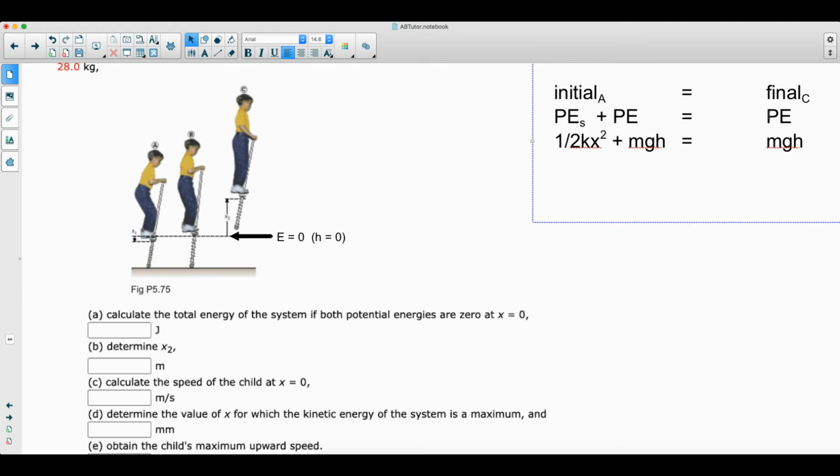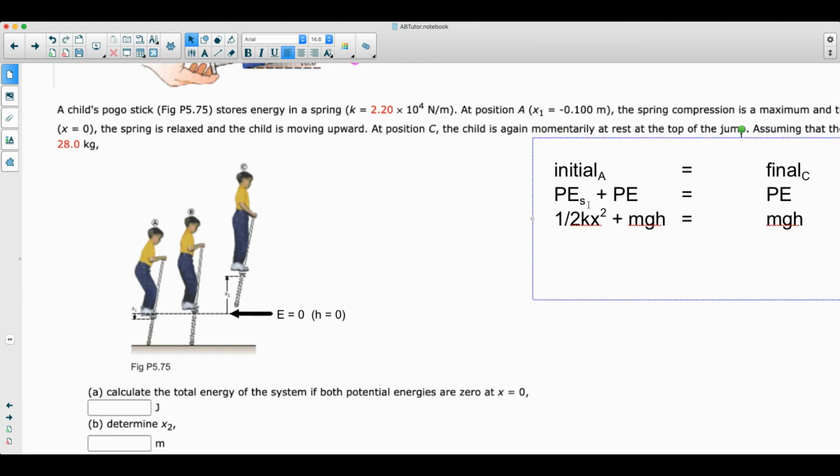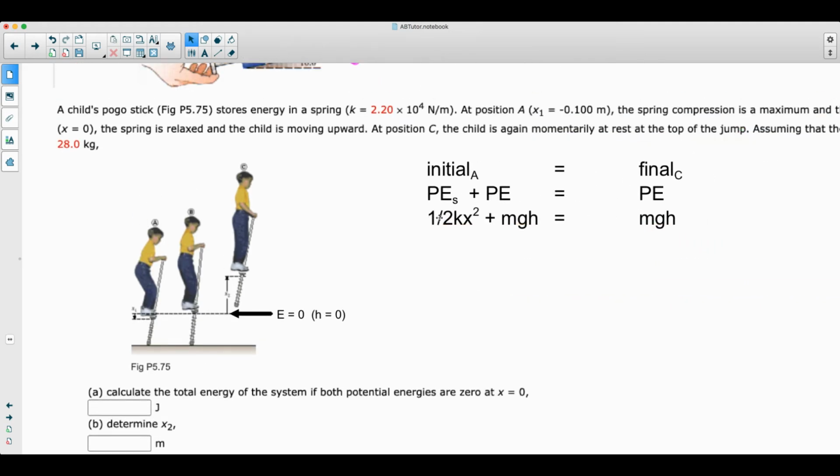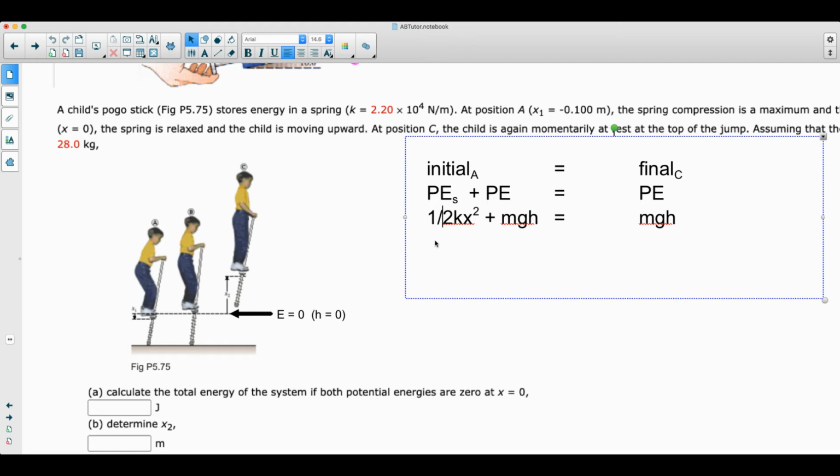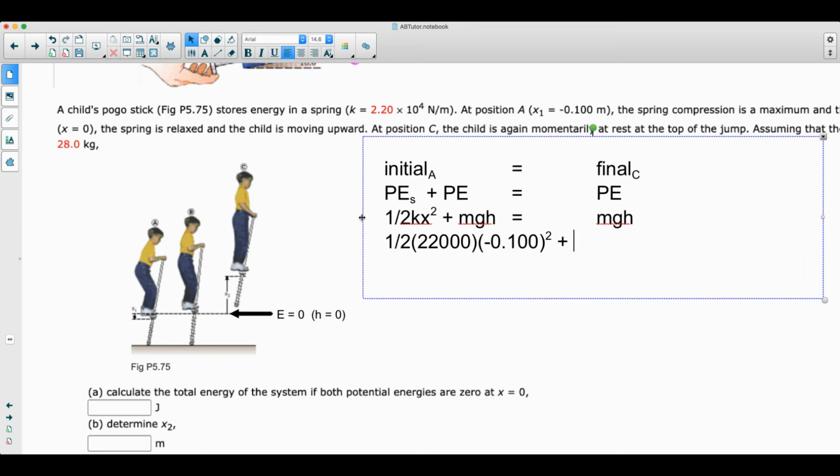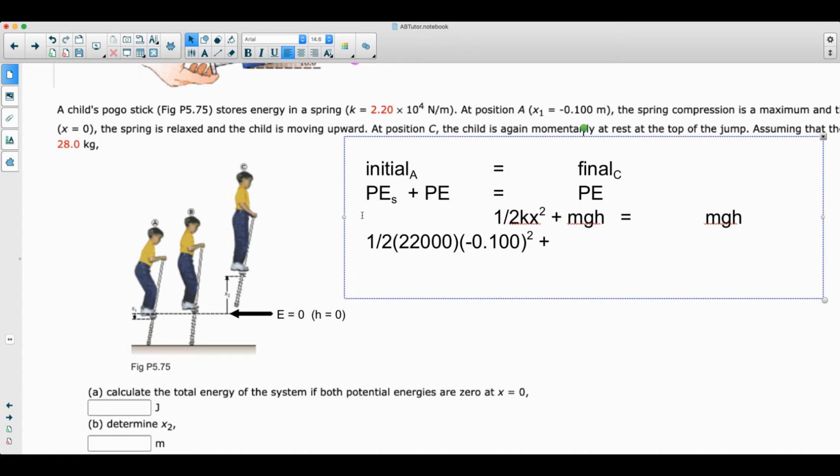However, when we run these numbers, let's do that right here to make sure that we're actually talking about the same thing. This is 1/2 times 1,000 times negative 0.100 squared. We already found that to be 110, I believe. Plus, there's an mg here.